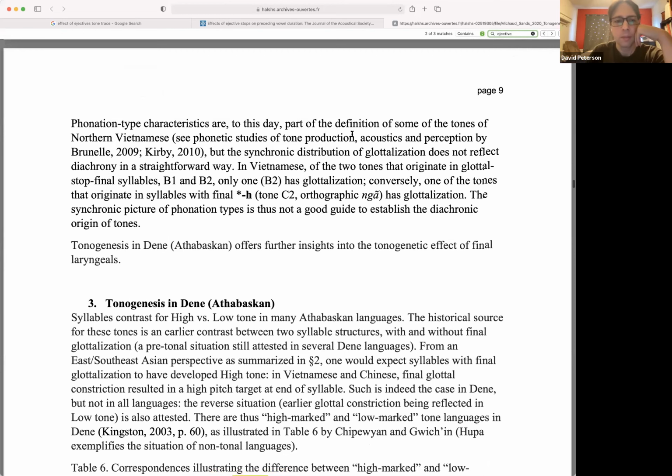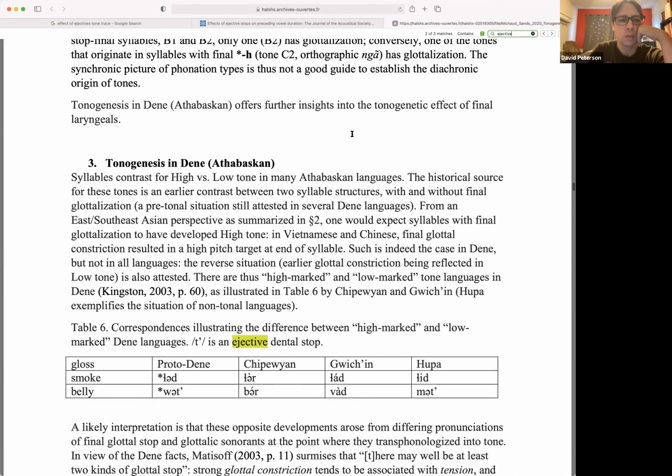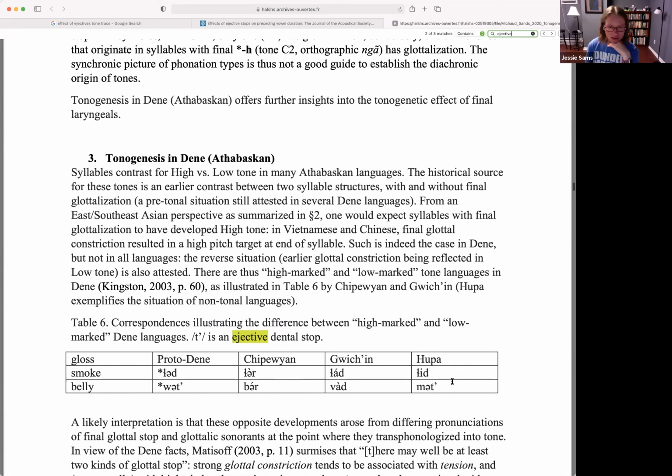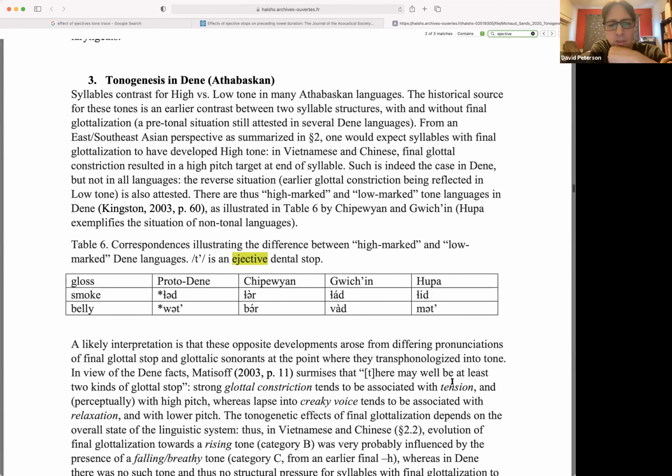Okay. And so, this chart shows correspondence illustrating the difference between high marked and low marked languages. Look at this. So you have Proto-Dene, and you have Chipoyan, and then Guitin and Hupa. And we literally have 3 different tones. We have low, high, and mid.